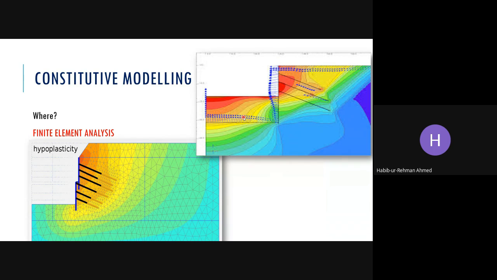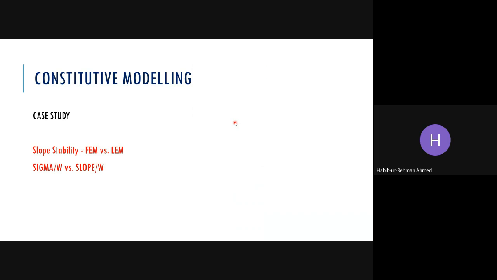Without using the real constitutive models, we cannot predict all these things in a precise manner. So this is just one example to start with. Now I'm going to present a case study, basically related to the slope stability of soils and rocks. It's a comparison of finite element methodology versus limit equilibrium methodology, which we usually use for slope stability analysis.